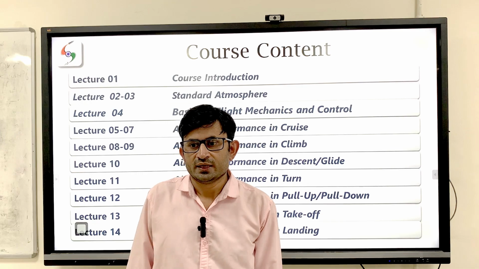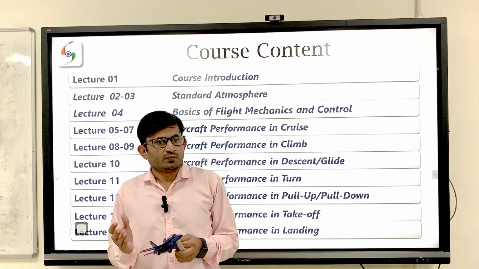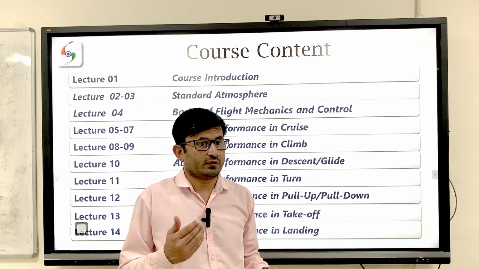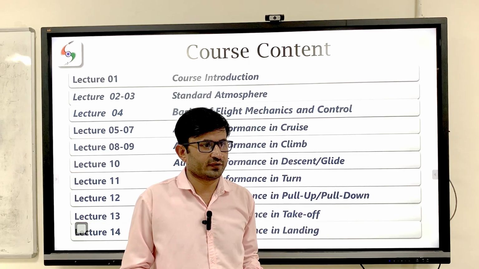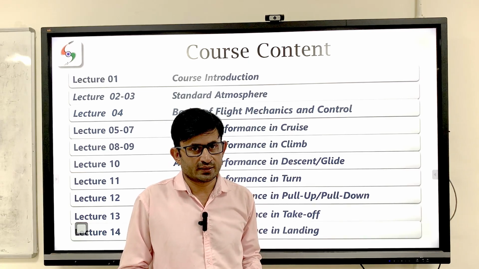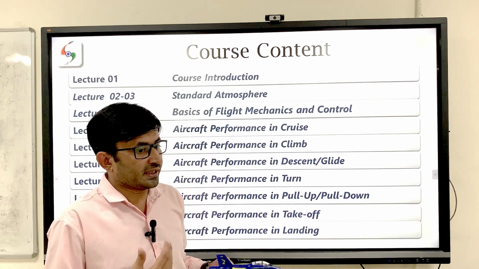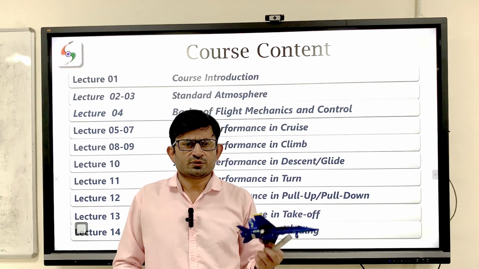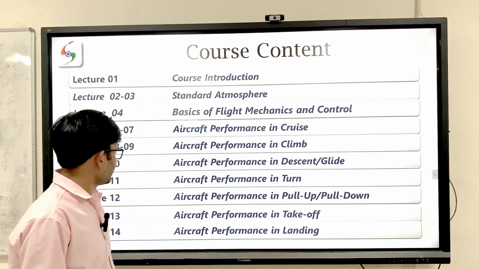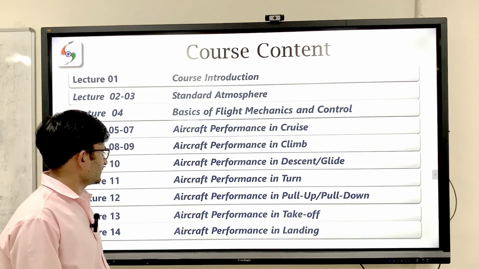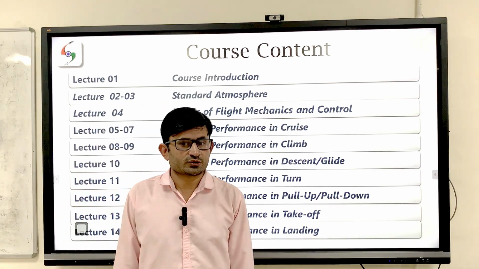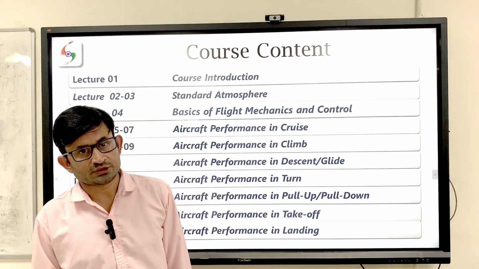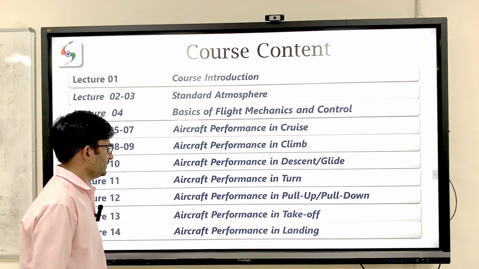When I say good way, then what type of wing you will design, what type of wing loading you should have, what kind of thrust to weight ratio you will have in order to reduce the runway length, and what kind of secondary control surface you will use in order to reduce the ground roll distance. Those are things we will discuss in the takeoff performance lecture. And we will also see, if you have designed this kind of graph, at least this much runway distance is required in order to take off from the ground.